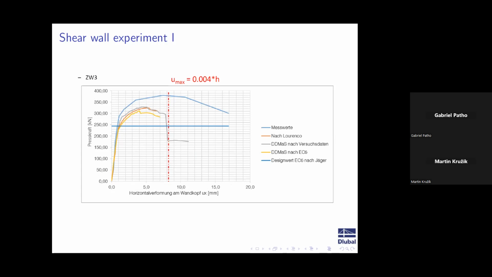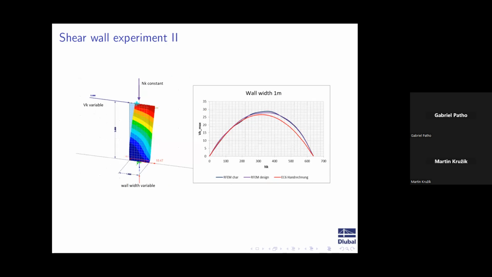This is a third wall, very similar. What is changing is the confining pressure. And very similar example, you take a variable wall width, you keep constant your confining pressure, and you are looking at the shear stress or the shear strength of your wall.